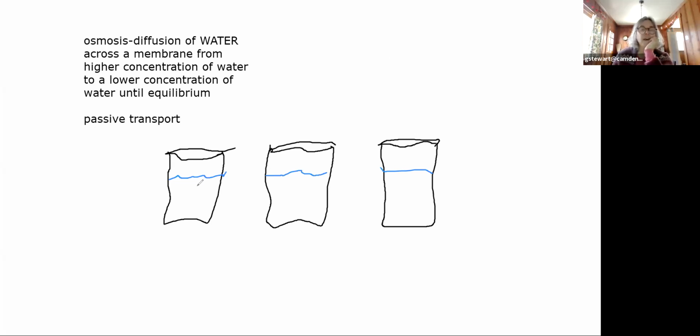So we have, let's make this solution, that's kind of a big box. Let's make it a little smaller. All right, so let's make the first one the hypertonic, and then isotonic, and then hypotonic.